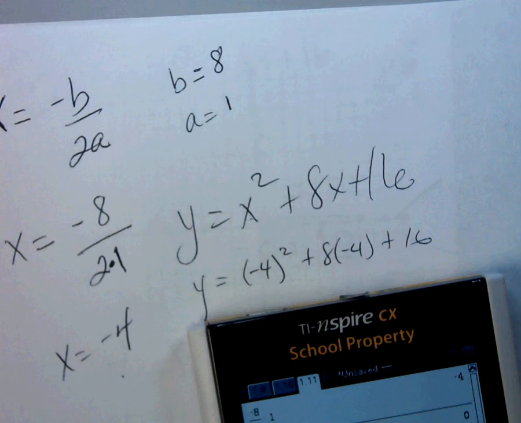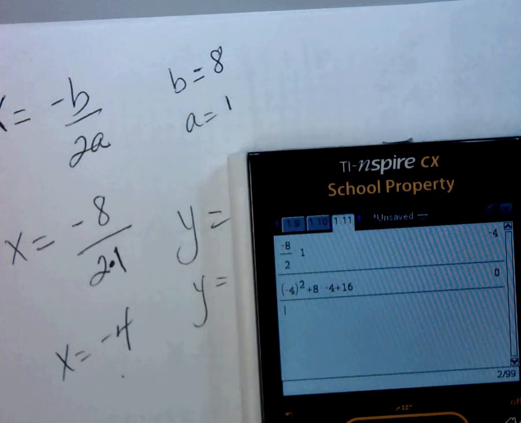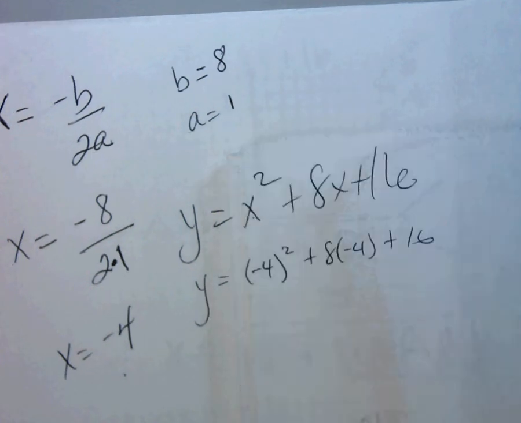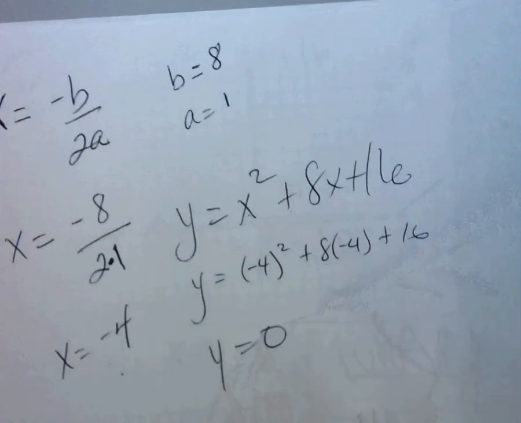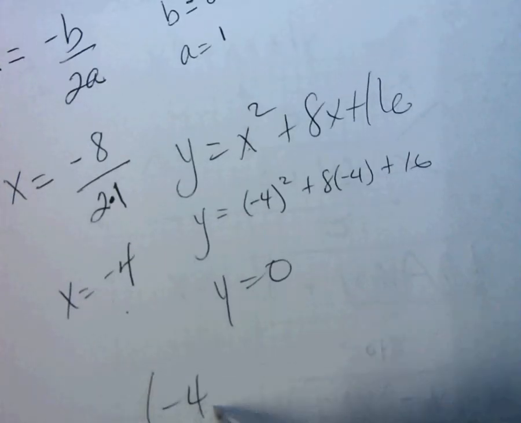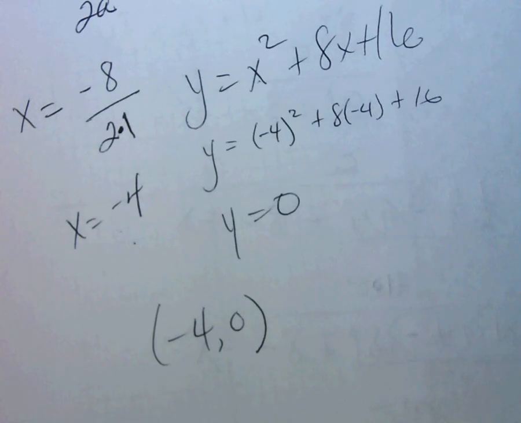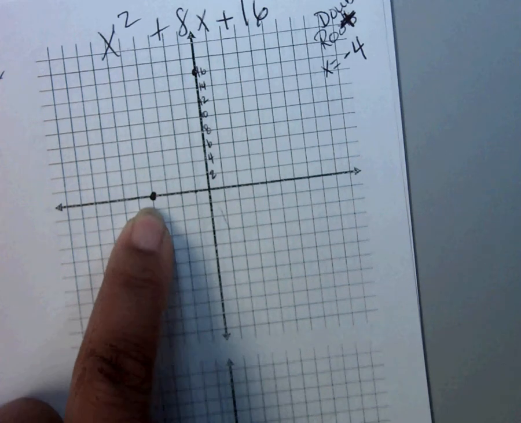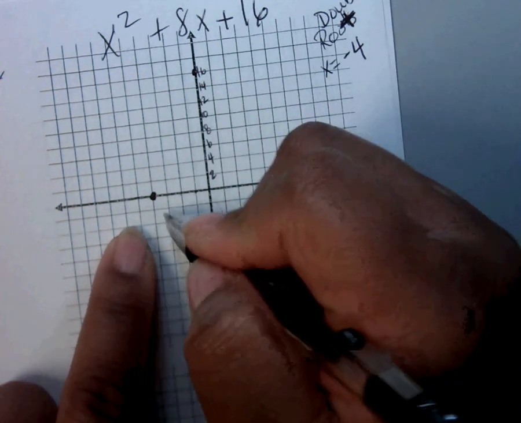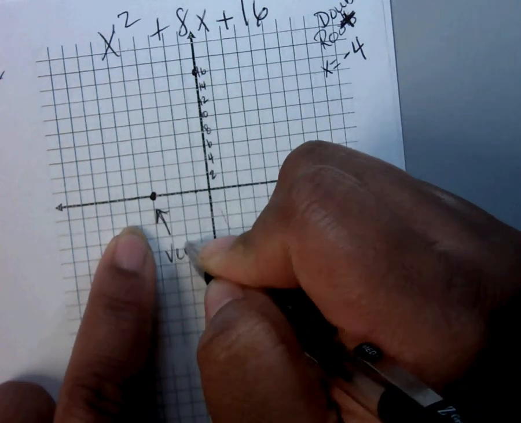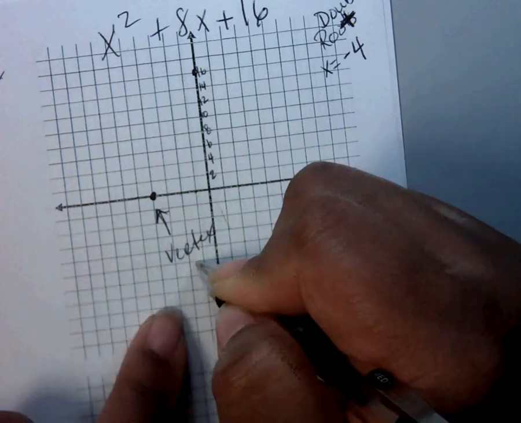And then it gives us 0, which is what we expected. Because now we see the vertex is negative 4, 0, right? Which is what we already plotted. So this here is a vertex, and it is the double root.